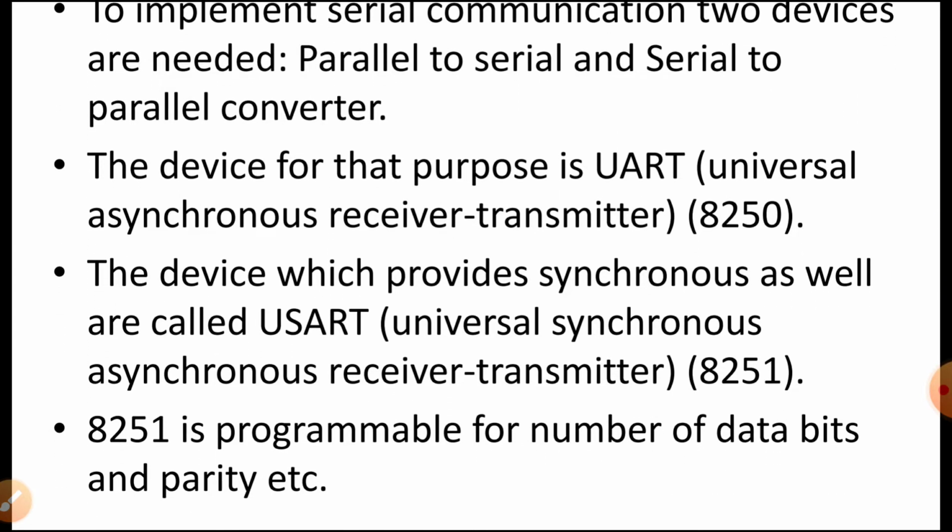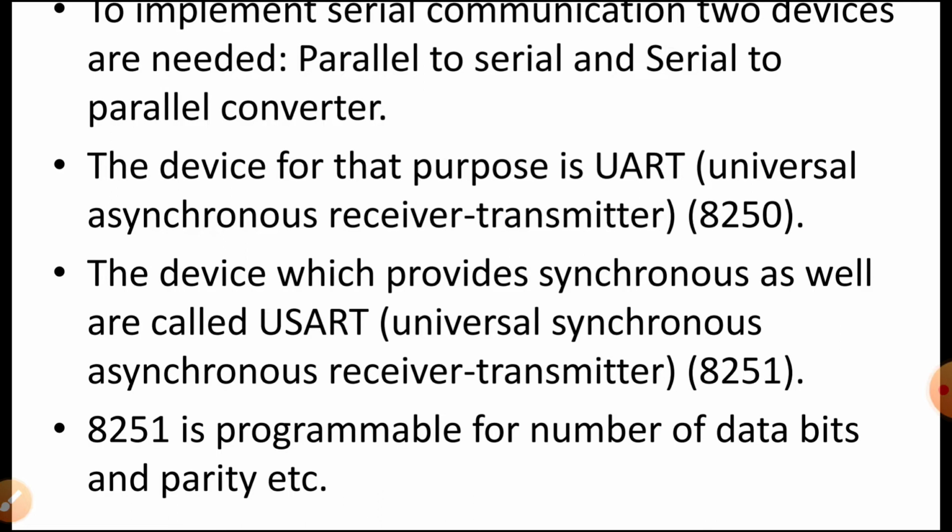One device used for this purpose is known as UART, which is Universal Asynchronous Receiver Transmitter, and the chip number is 8250. Another device is the USART, whose full form is Universal Synchronous Asynchronous Receiver Transmitter. It is a device which transfers the data synchronously as well as asynchronously.